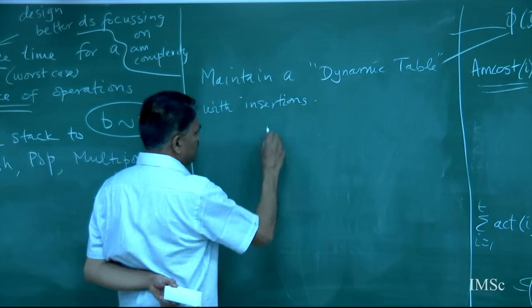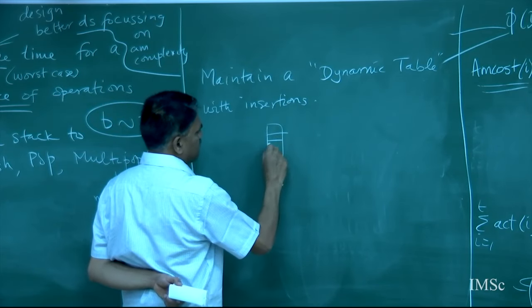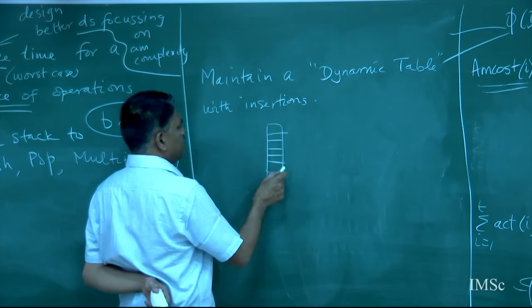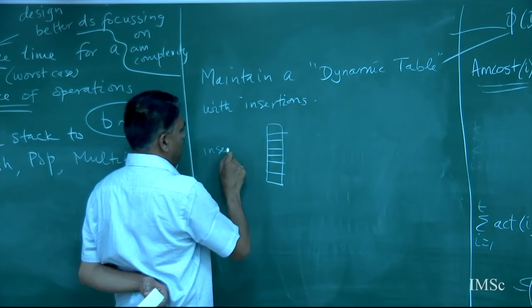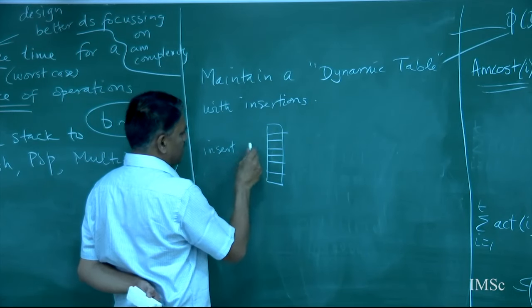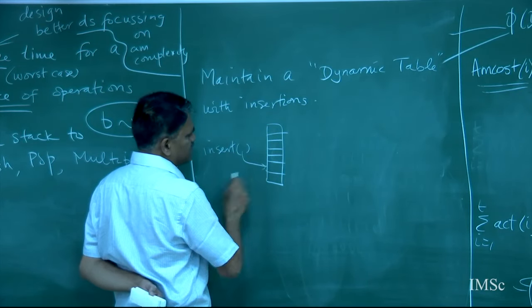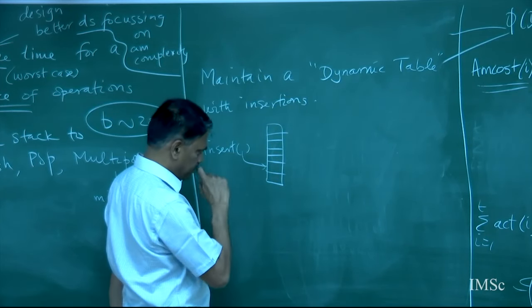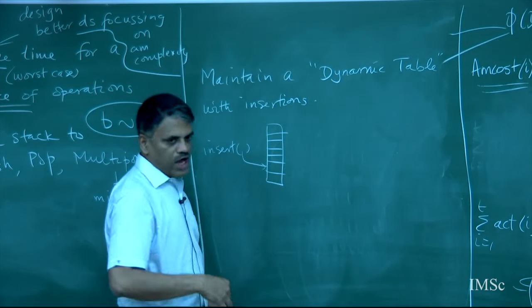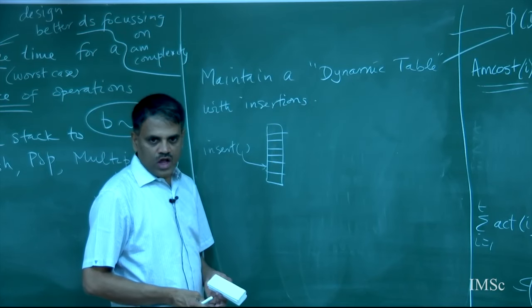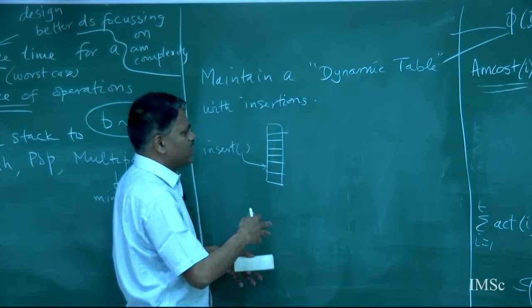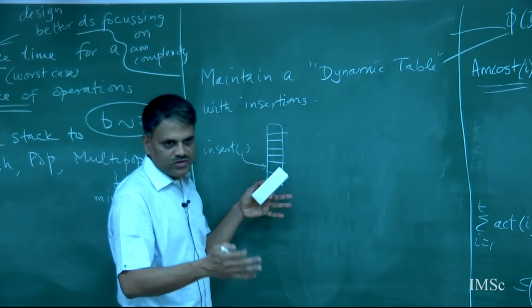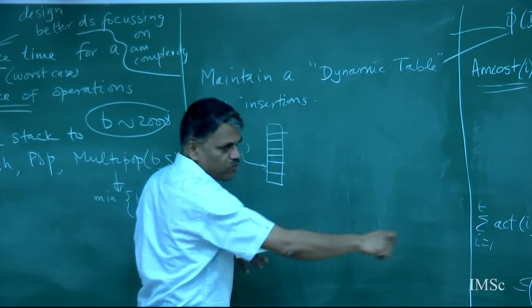So you have a table of some size. Now, if you want to insert some element, and it tells you which location to insert, and if there is space, you will go and insert it. But if the table is full, you want to ask your operating system, not just for one entry, because you want things to be contiguous. The operating system may give you a location which is somewhere else.